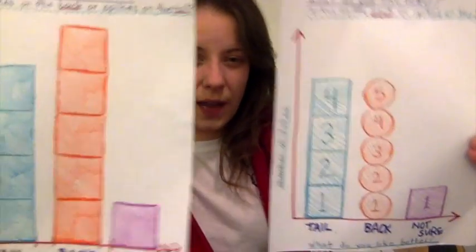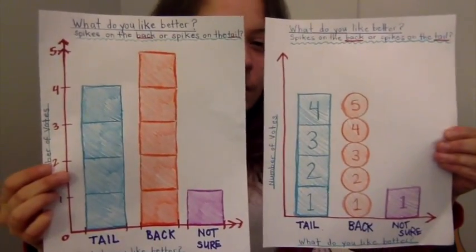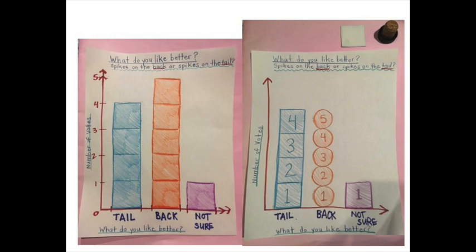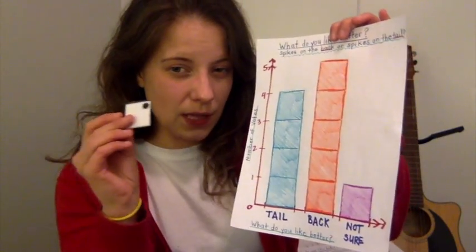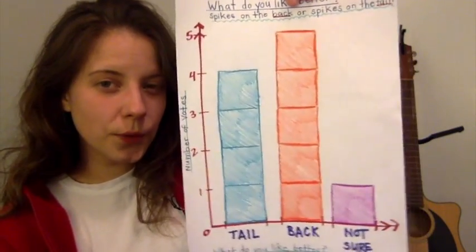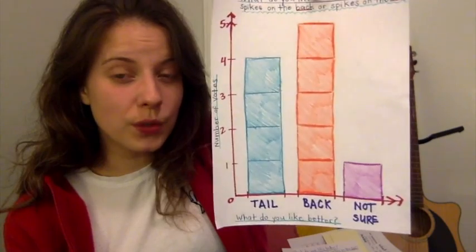What's different about these two graphs? One of the things I notice about this graph, when I use the same size of unit for each vote, is that it's really easy for me to look at this graph and see which thing has the most votes.